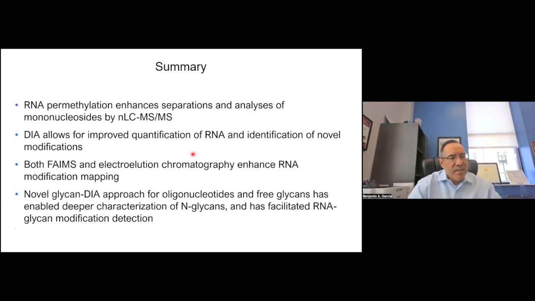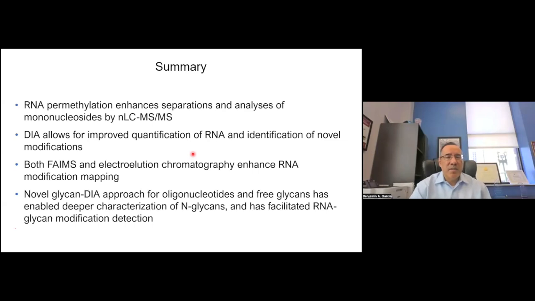So with that, I'd just like to wrap up to stay on time. We've been working a lot on making the global analysis of RNA mononucleosides more facile. This permethylation works pretty well and allows us to use the exact same buffers that we use for proteomics.